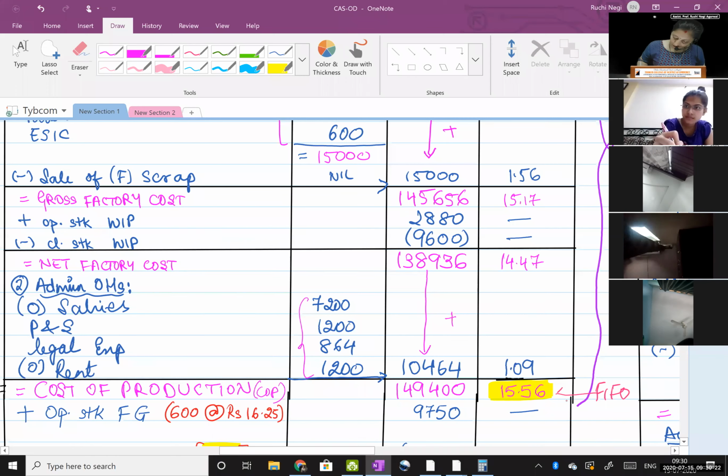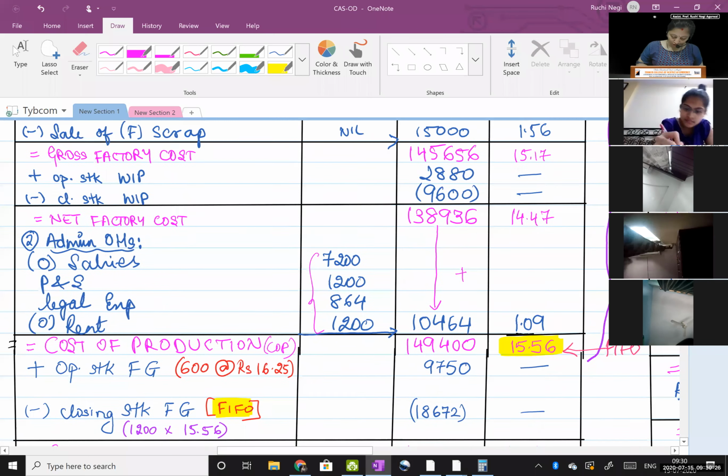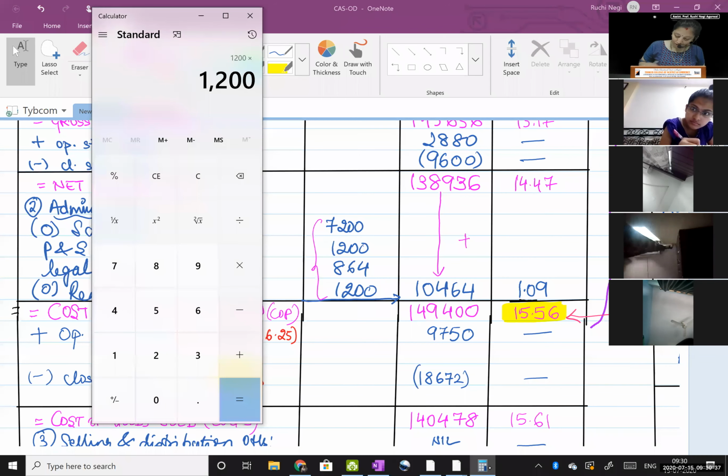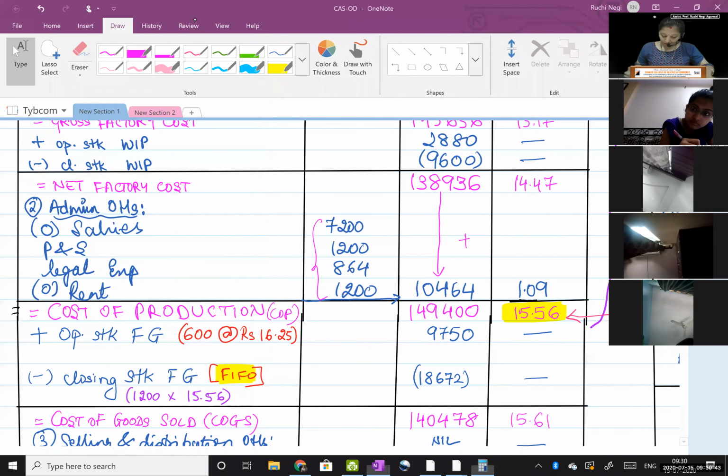This rate is FIFO. Now come to closing stock of finished goods. How many quantities? 1,200 units. So 1,200 multiplied with the FIFO rate, 15.56, is 18,672. Subtract it.